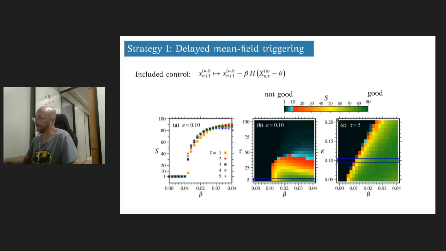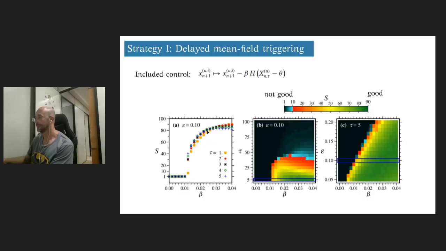With S close to 1000, greater than 10 and closing to 90, we have good results, in green. So from black to cyan, not good results, and from red through yellow to green, we have good results.